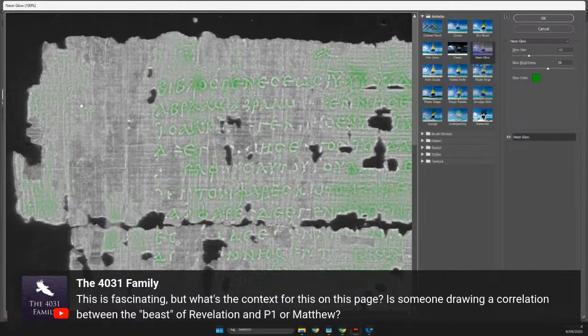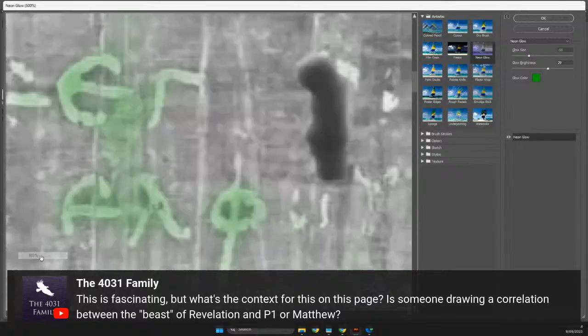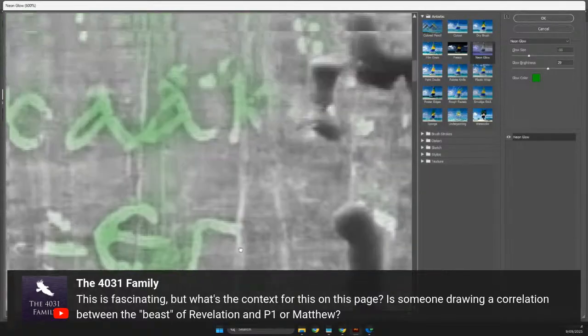I'm also interested in under this number 2, which is done by a modern scribe. It has this here, and I'm trying to figure out what that is. Maybe I need to zoom that in for you guys.